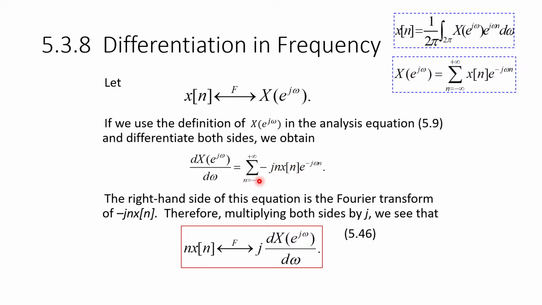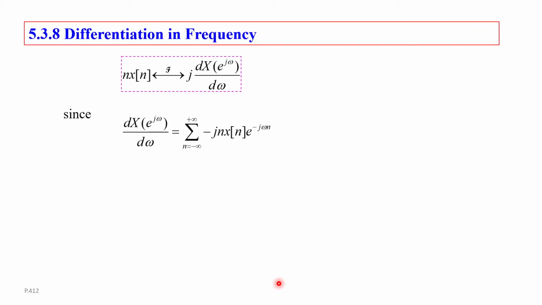It was minus jt, now it's minus jn. You can derive this by just differentiating this equation, and somehow we like the j on the other side, so we move the minus j to a plus j here, and this is our differentiation formula. And the extra slide is just a reminder again.